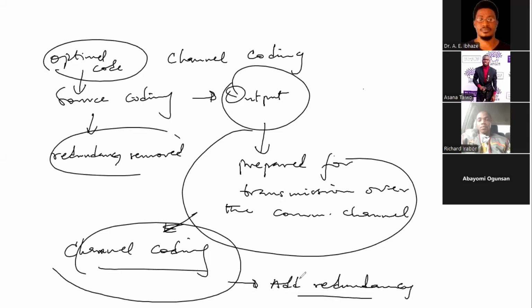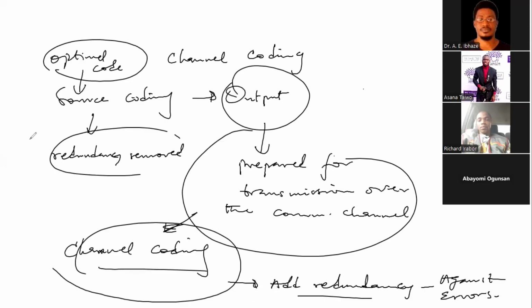Not because we are trying to complicate what we did at the source coding phase, but rather we want to now make this code robust against errors over the channel. So this is immunity against channel errors. And that's why we want to do this.